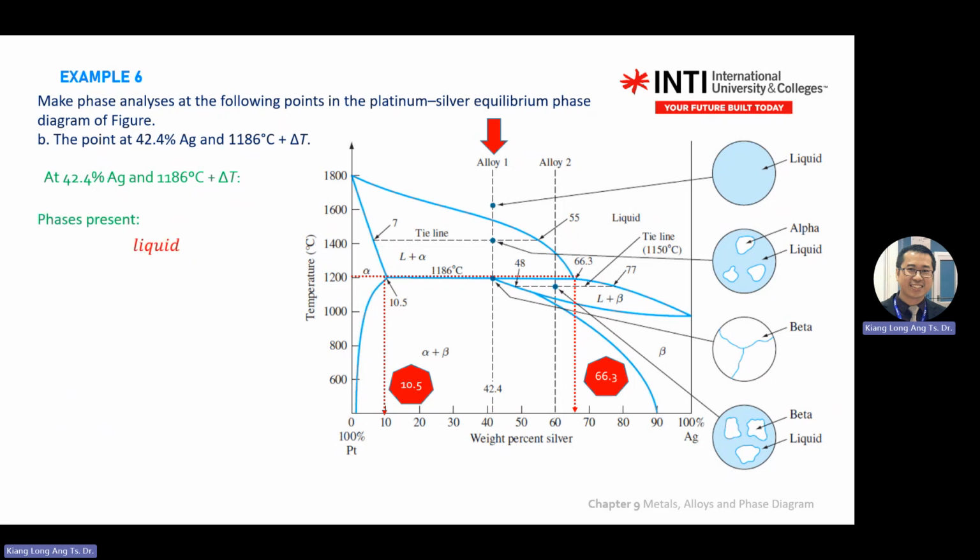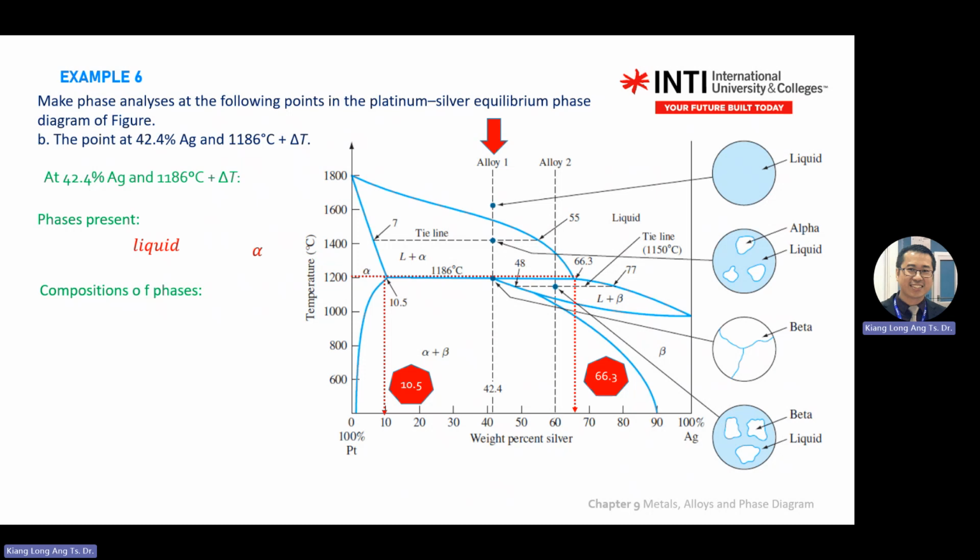So again, repeat the template, phases present. In this case, you have a liquid phase and alpha. Okay. Composition, just read from the graph. How many percent liquid? 66.3% liquid, and it's Ag liquid, not Pt liquid.